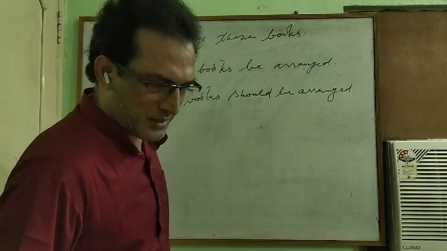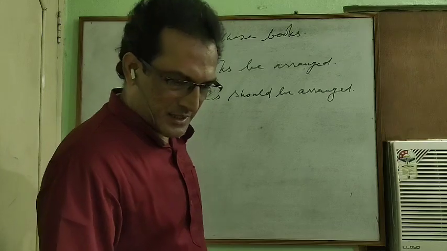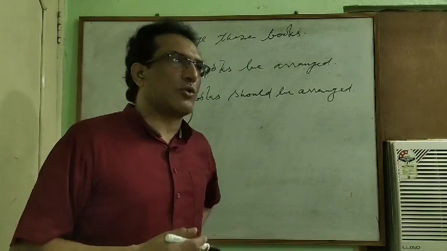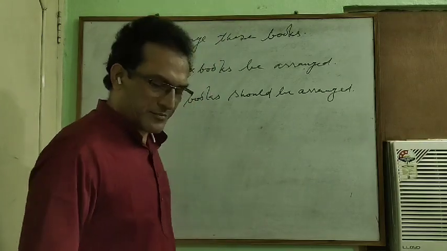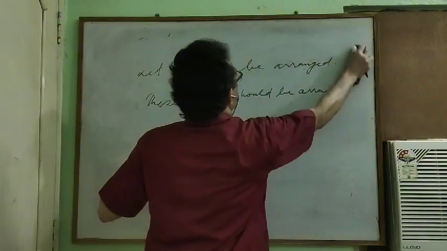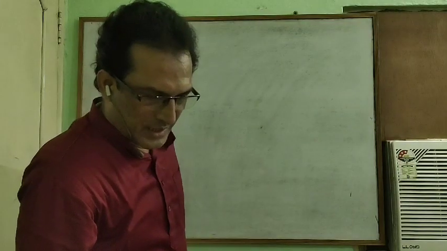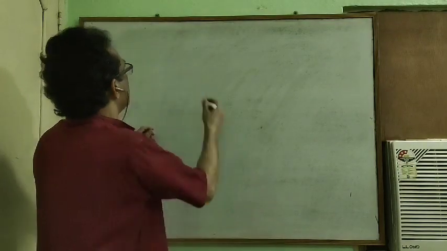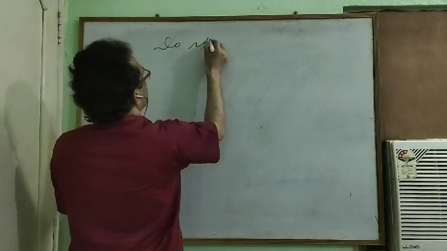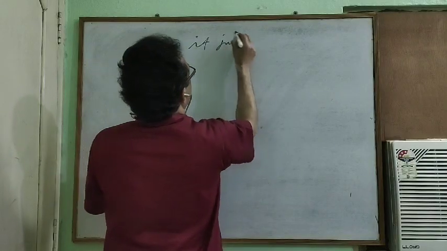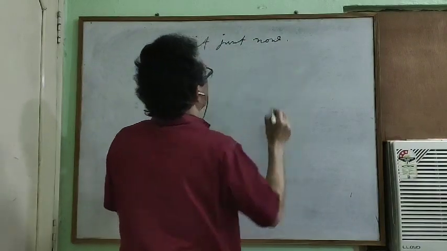Now another very close look that we give is if objects are not given in certain sentences. You may not find an object, like, do it just now.